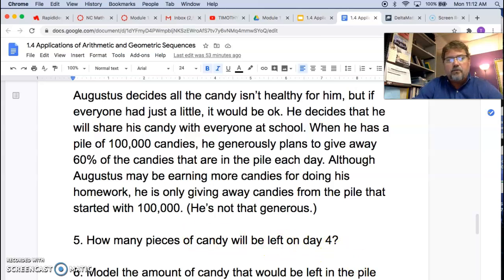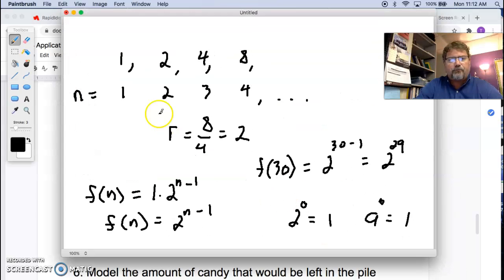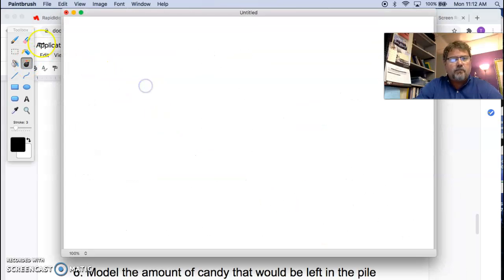Let me pull up this board here, and we'll see if we can spot this sequence. Let me clear this up from the last one we did, and maybe we'll make us a little chart. So we know the days are n's, right? Again, this is the number of days. I'll tell you what, let's write that in just so it'll be more clear, because this one's a little bit more confusing.